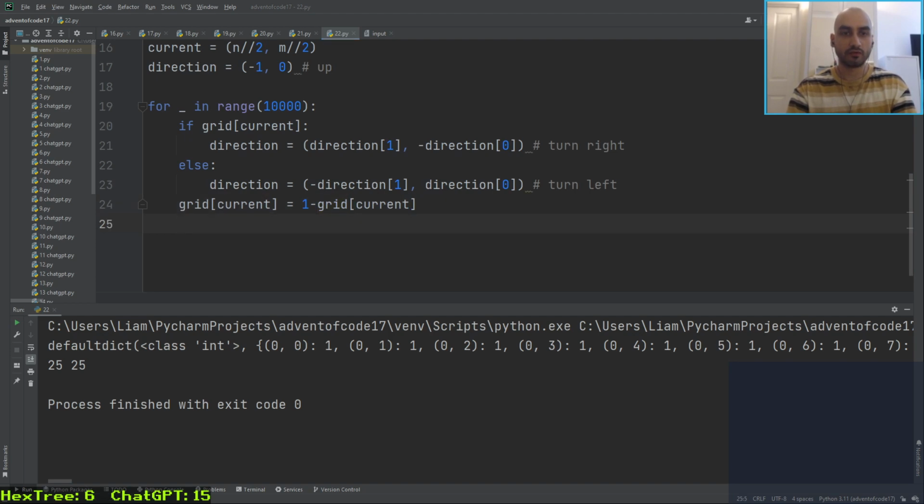All right, and then finally we move forward. So current equals current 0 plus direction 0, current 1 plus direction 1. That's it. And then what are we recording here? We want to count how many times we turn a 0 to a 1.